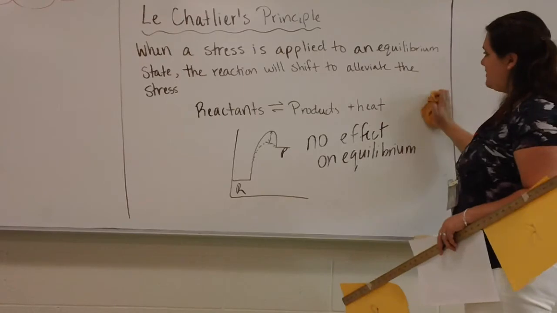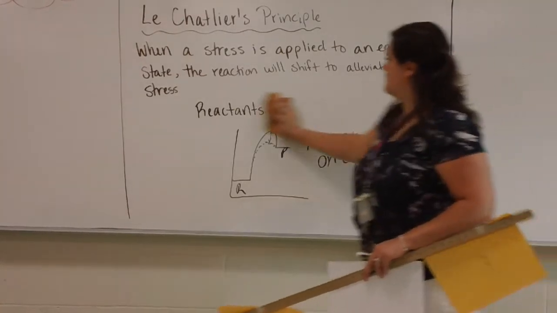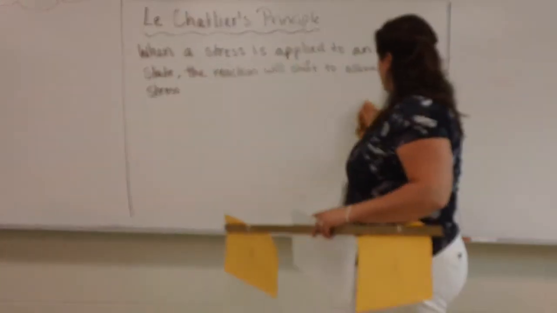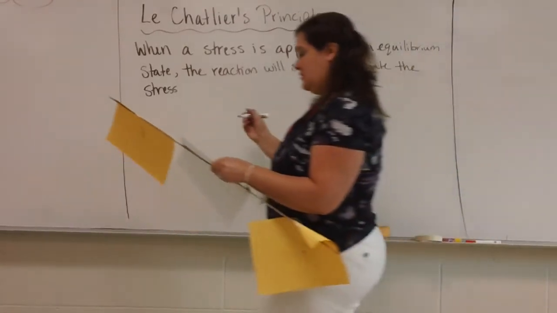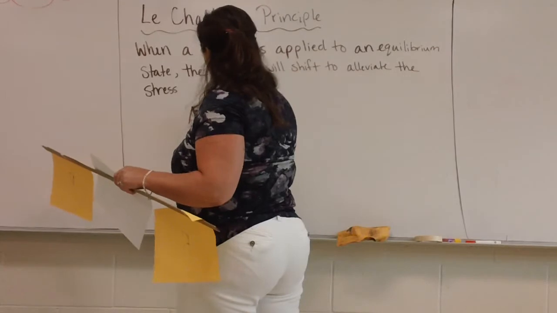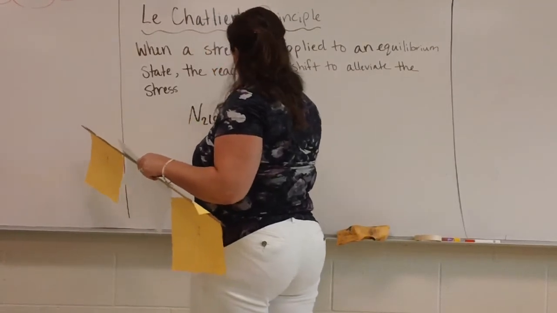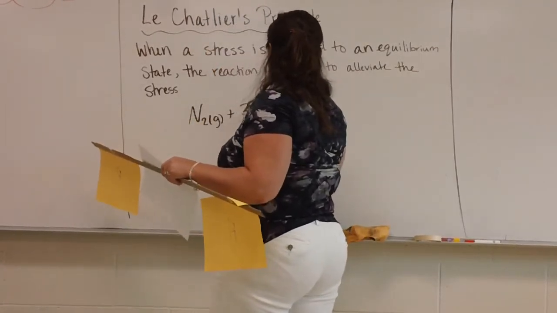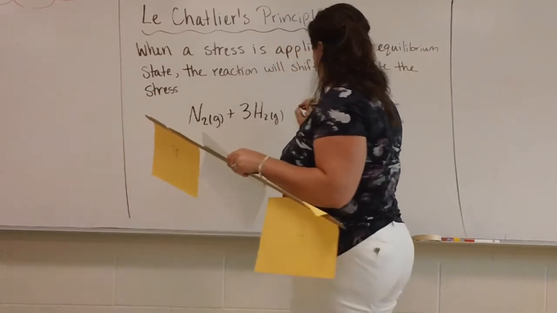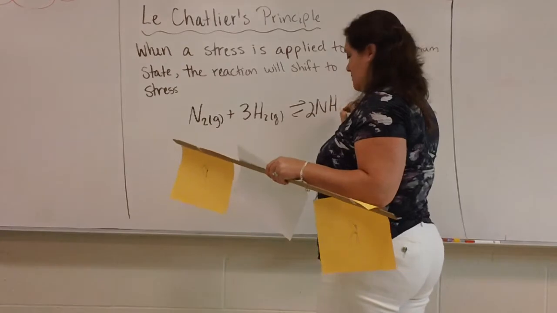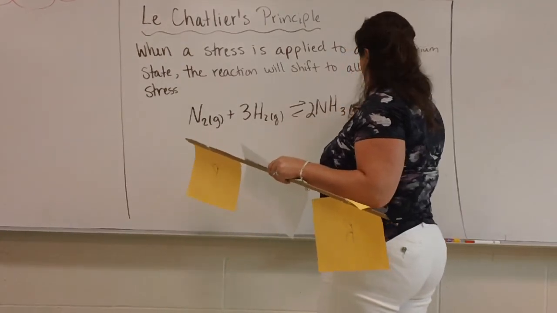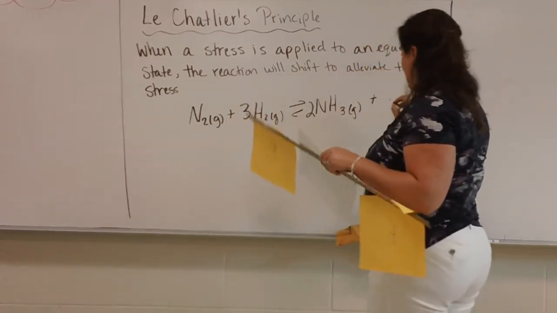All right, so let's apply this to a problem. In your notes, you have the reaction: nitrogen gas plus 3 hydrogen gas molecules in equilibrium with 2 ammonia molecules and heat.